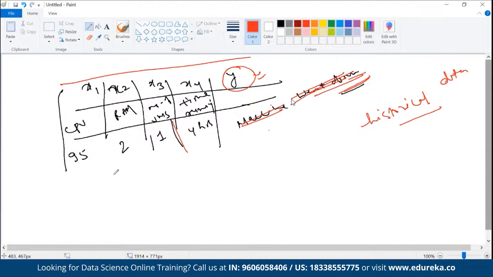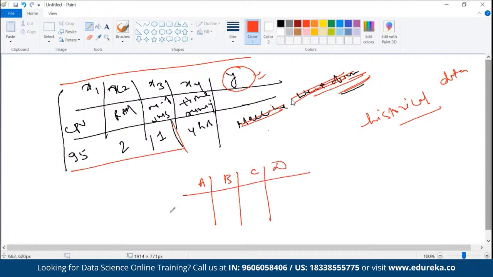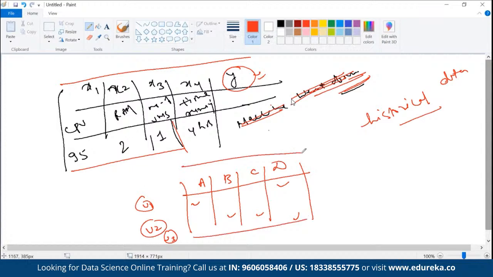But when we talk about unsupervised learning, someone will give you the data set. Let's say you have articles A, B, C, D, and then you have user 1, user 2. User 1 has read articles A and D, user 2 has read articles B and C, and then there is user 3 who has read article D. Now what requirement are you getting?